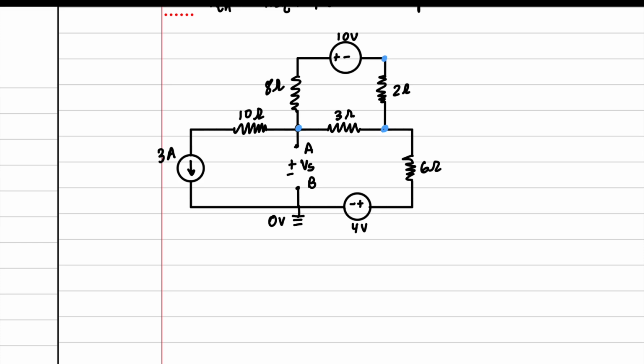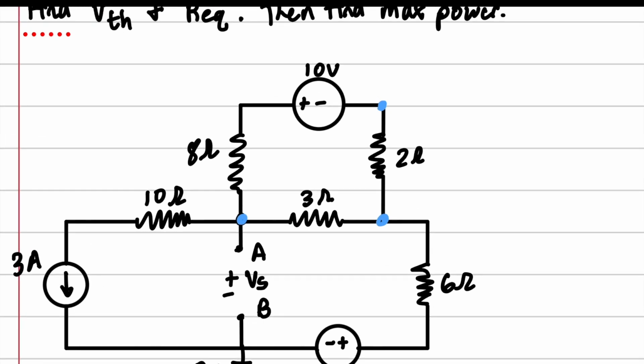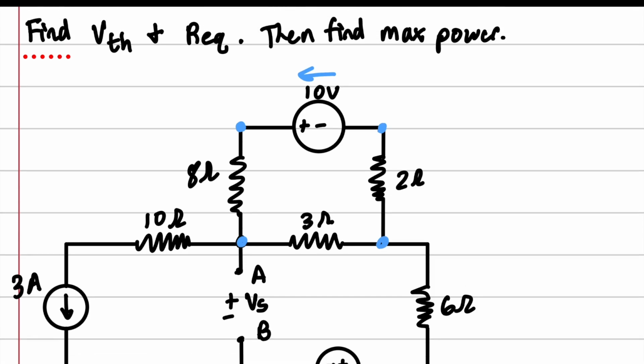However, this is a voltage source, so we're also going to have to count the node right here because it's being forced. 10 more volts are being forced from this node to this node. So this is effectively called a supernode. And I should have gone over this in Unit 1. I went over supermeshes, but I am expecting to make a bunch of other practice videos, and you will be able to get more practice with this.